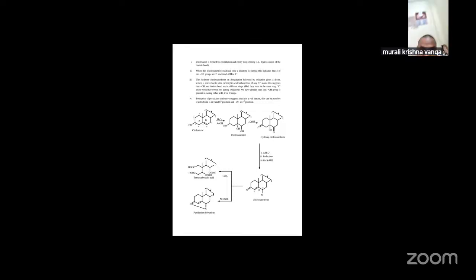This hydroxycholesterol dione undergoes elimination of a water molecule in the presence of zinc in acetic acid, and forms cholesterol dione.